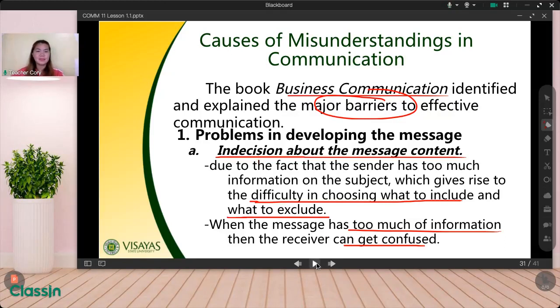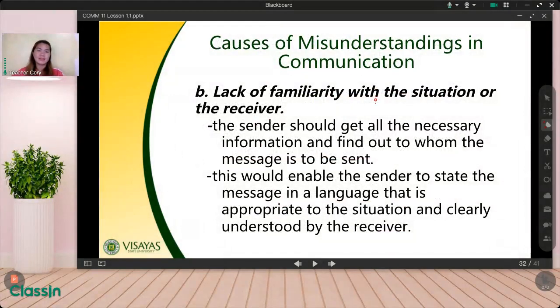Okay. Next, we have lack of familiarity with the situation or the receiver. Lack of familiarity. So, what is this? Here, the sender should get all the necessary information and find out to whom the message is to be sent. This would enable the sender to state the message in a language that is appropriate to the situation or clearly understood by the receiver.